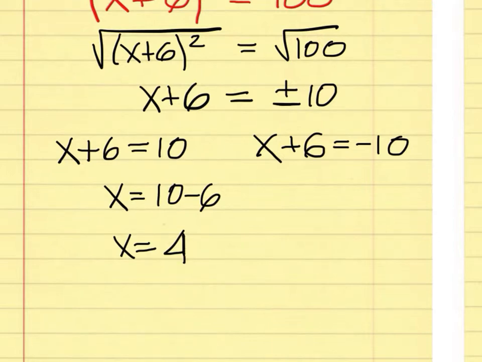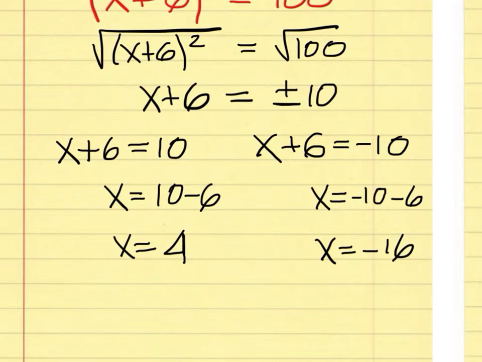Woodrow, she's not here, so we'll leave her out. And Bradley. X equals negative 10 minus 6, that's right. And what is negative 10 minus 6? Negative 16. That is right. Okay, so we have a 4 or a negative 16.